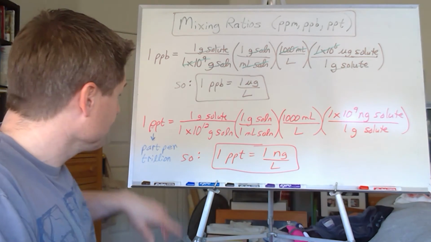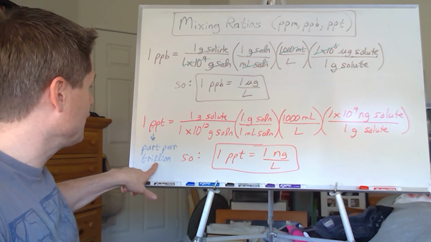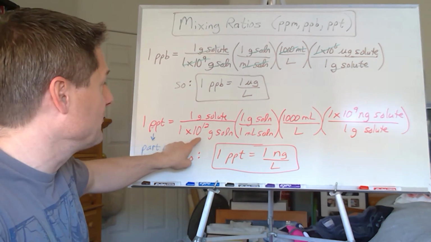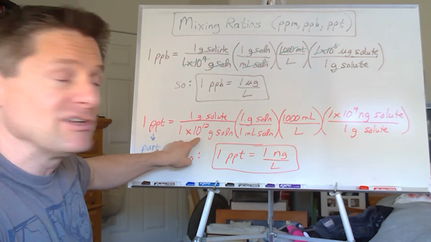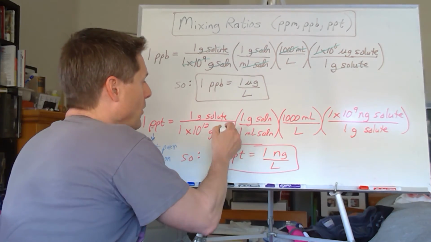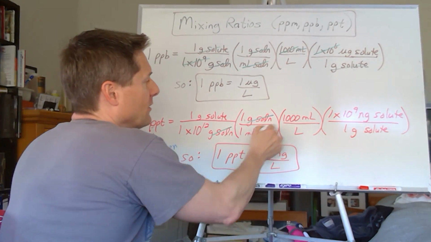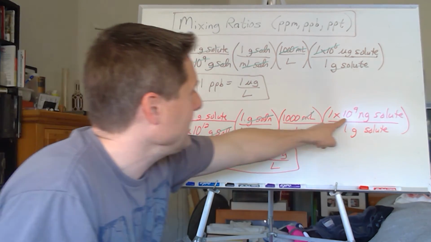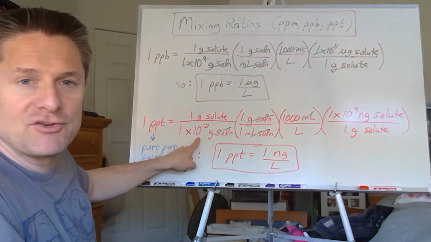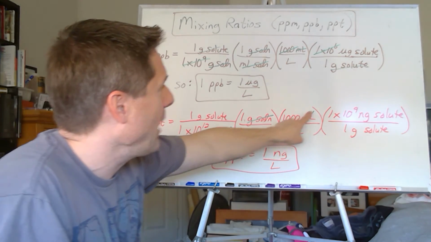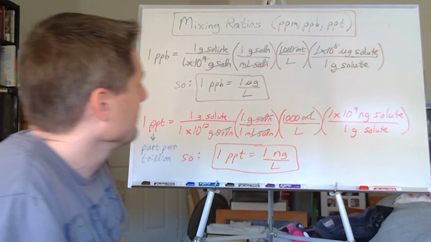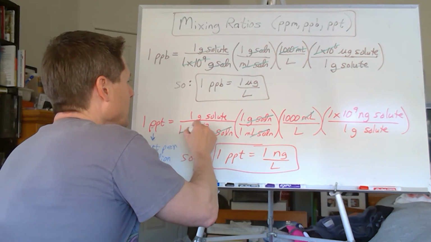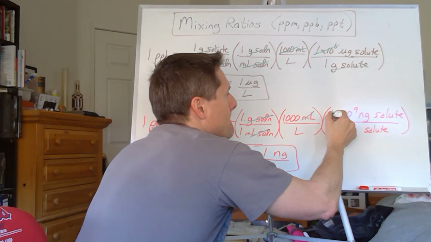We good? So ppt, or parts per trillion, would be 1 gram of solute per trillion grams of solution. Let's convert the solution to liters, assuming a density of 1, converting milliliters to liters. And then we go, okay, well, what number do we need here to cancel out the trillion? Well, we have 1,000, so 1,000 times a billion cancels out the trillion.